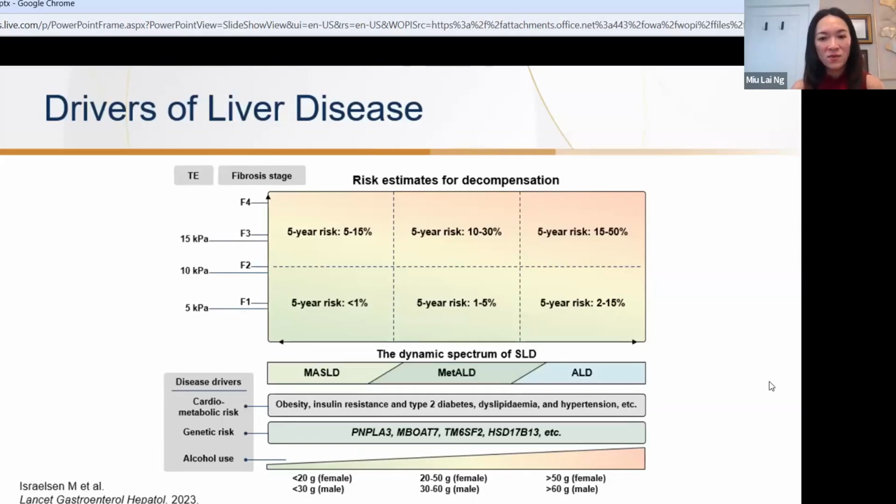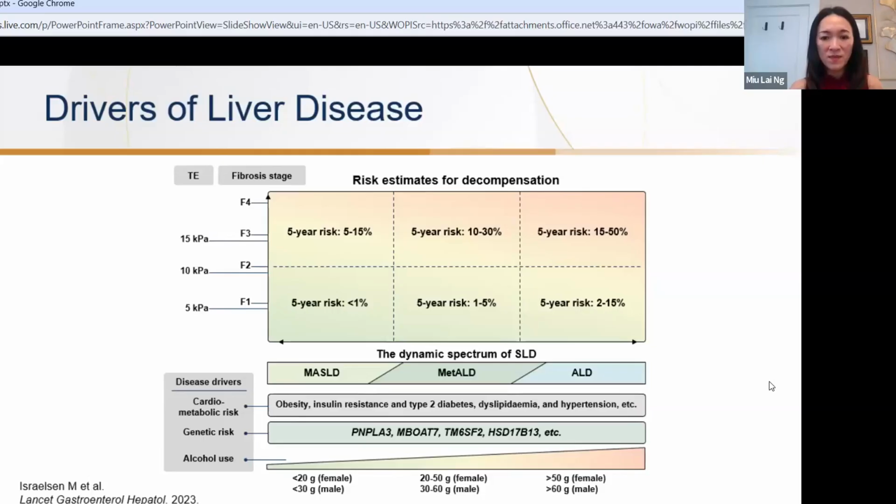If you happen to get diagnosed with alcohol liver disease and your fibrosis score is significant, your 5-year risk of developing decompensation increases to 15 to 50%. So half of those patients who get alcoholic liver disease and are diagnosed as F3, F4 have half the chance of ending up with liver decompensation, such as ascites and encephalopathy, thereafter.